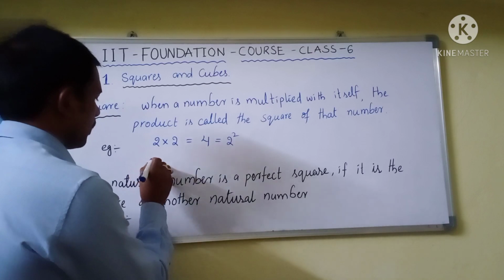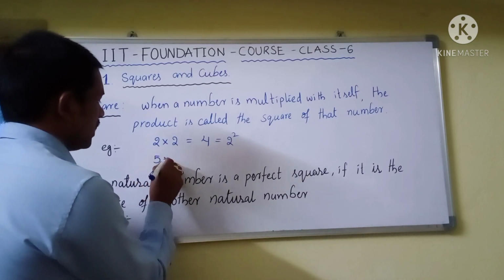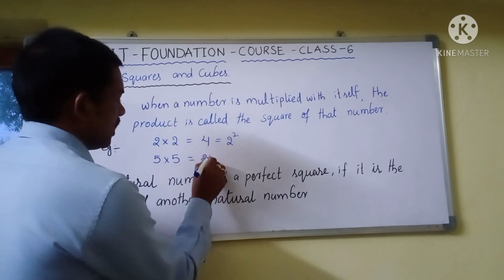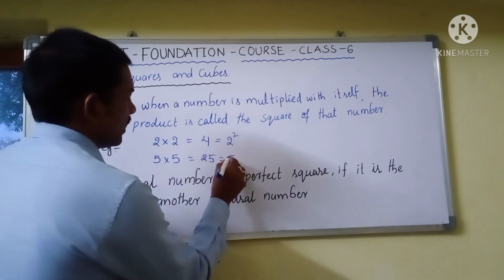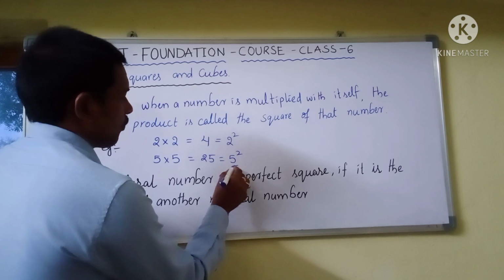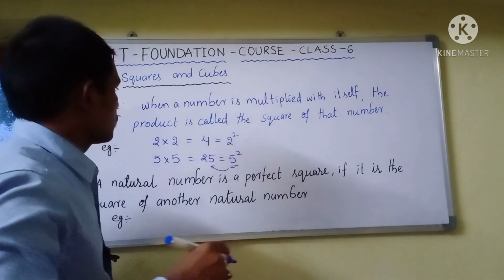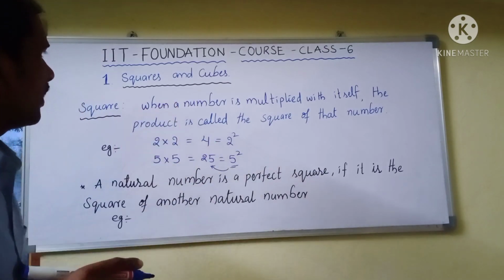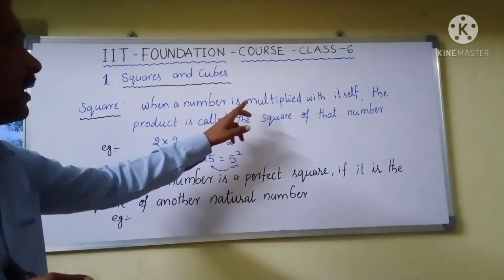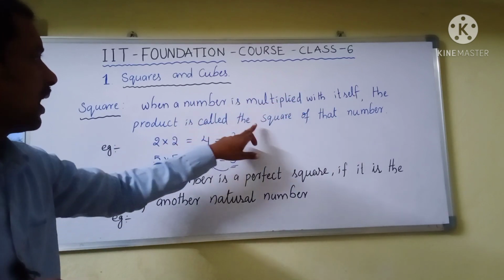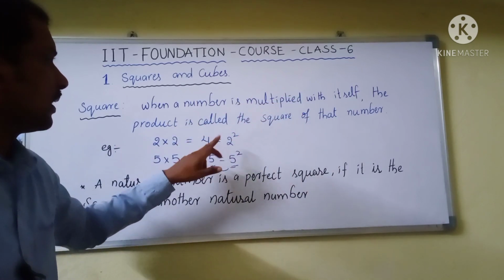Another example, suppose 5 is multiplied by 5. That gives 25, so you can write it as 5 square, and the 5 square value is 25. According to the definition, when a number is multiplied with itself, the product is called the square of that number.